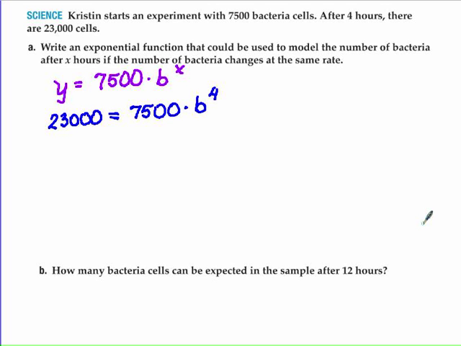So do you see what I've done? I've plugged in the 23,000 after 4 hours. I've utilized that piece of information. Now the reason why I did that is because now I can find what b equals. So to solve this, I'm going to divide by 7,500. So when I divide both sides by 7,500, what do you get? So go ahead and divide by 7,500. Tell me what you get on your calculator.